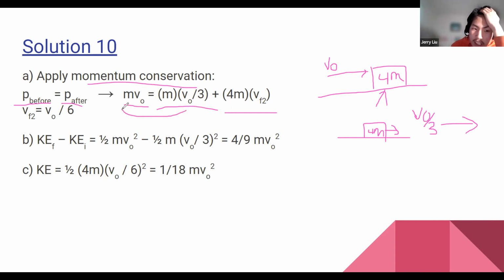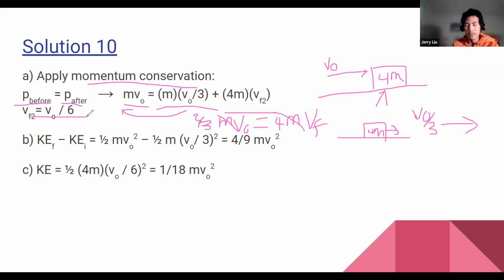Then you move this over, so you get 2/3 of mv0, equal to 4m vf. Then just cancel the m's, divide by 4, and vf is v0/6.